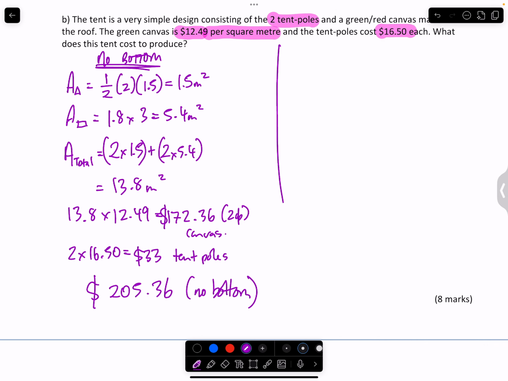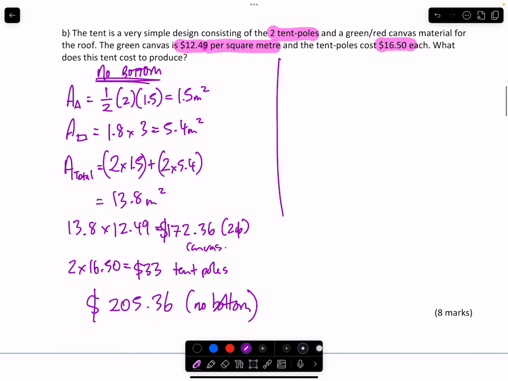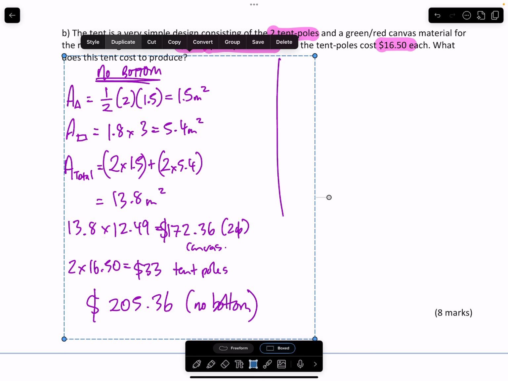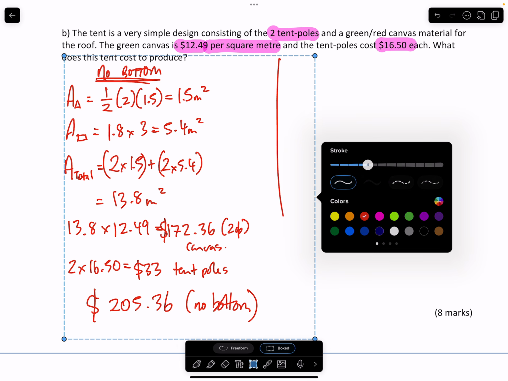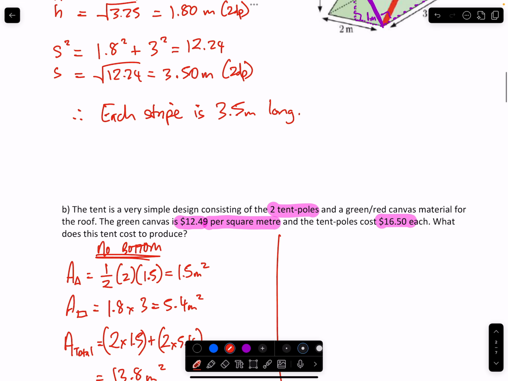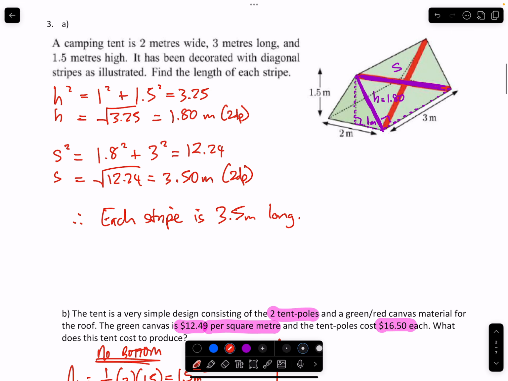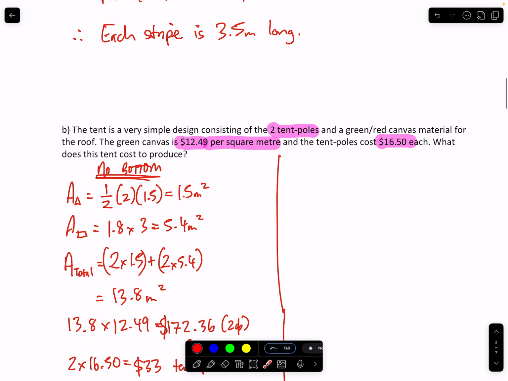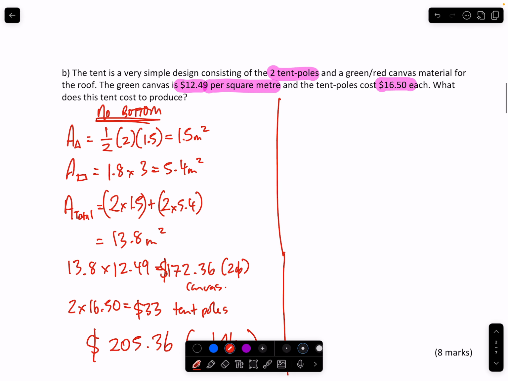Why do I keep going to purple here? My solutions are meant to be in red. Let's change the style back to what I intended. So that was assuming no bottom, because every year I've noticed, and it's fair, the question isn't quite clear whether there's a bottom on the tent, so I'm going to do it with the bottom now.